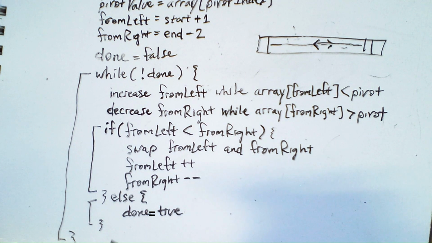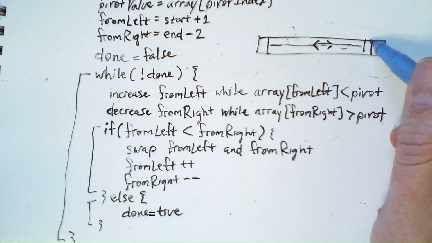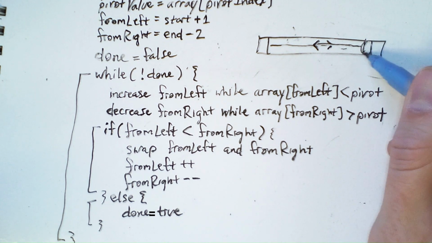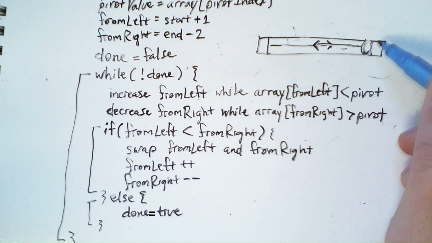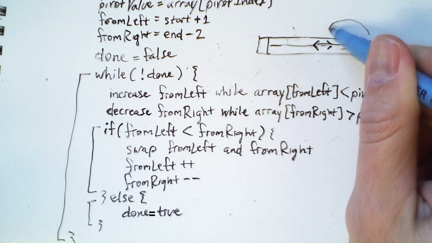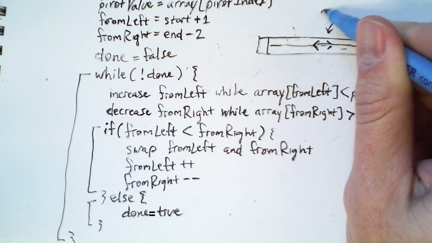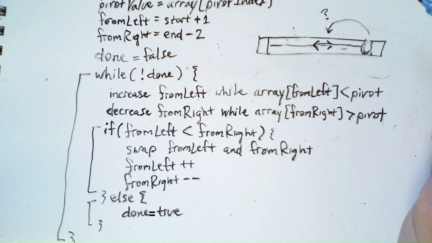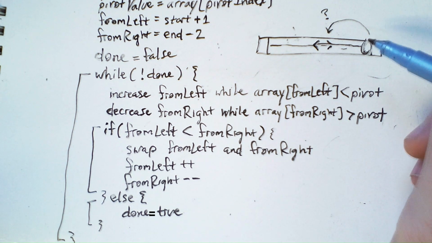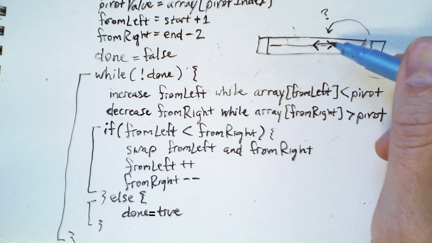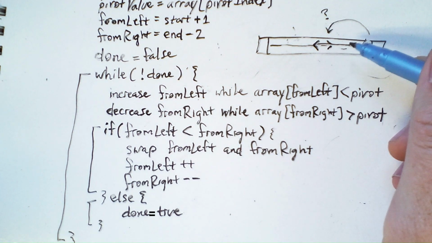But the partition isn't quite finished yet, because remember that we moved our pivot right here for safekeeping earlier. We've got to put it back in place, but where exactly is that? And then we also need to return the index of where it's located now in the partitioned array.